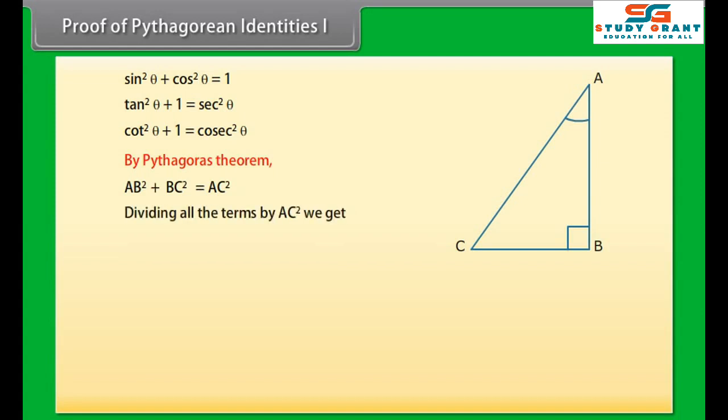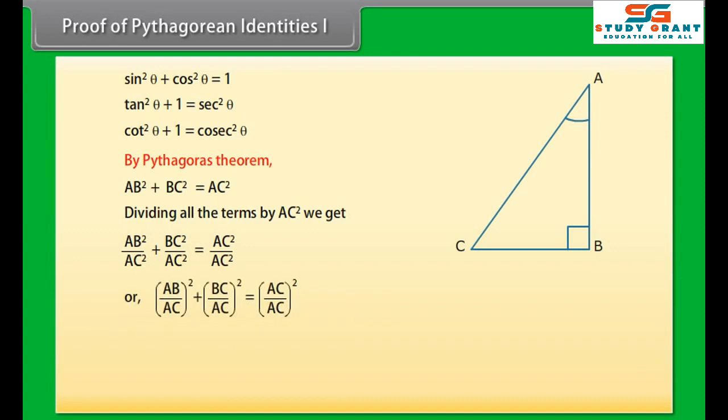Now dividing each term by AC square, we can write it as (AB upon AC) whole square plus (BC upon AC) whole square, which equals (AC upon AC) whole square. That is, cos square A plus sin square A is equal to 1.